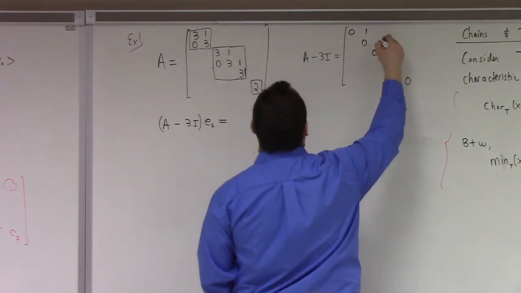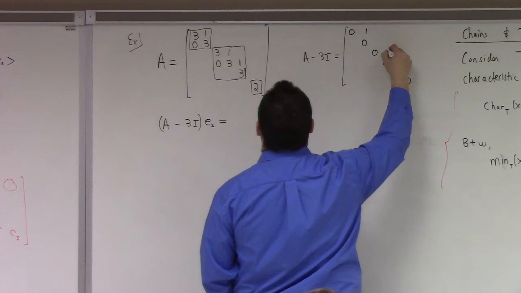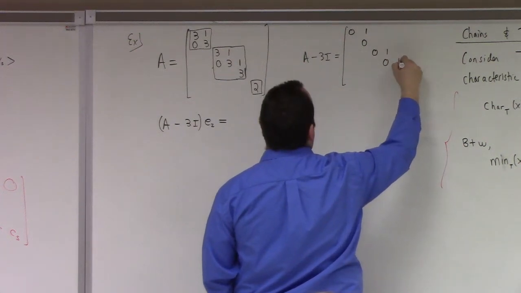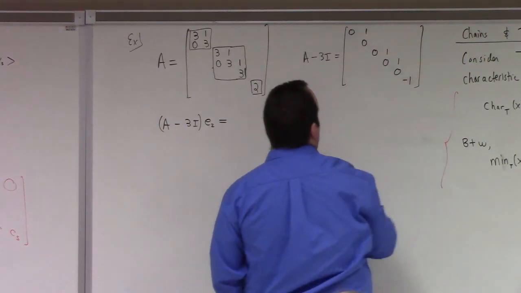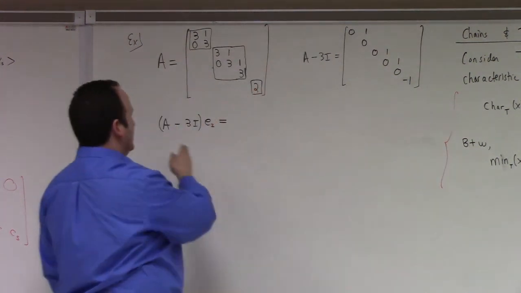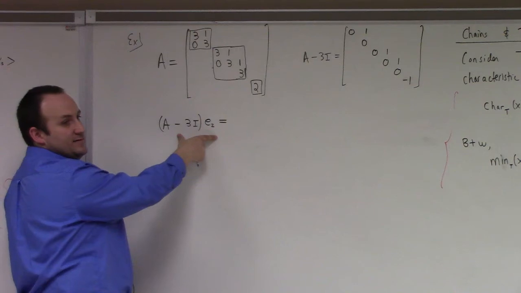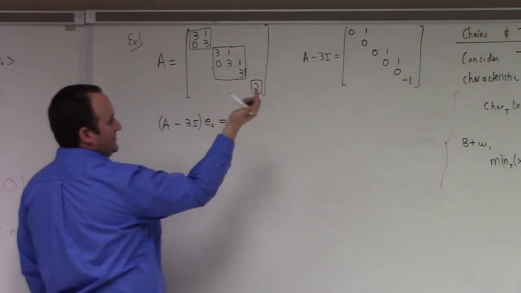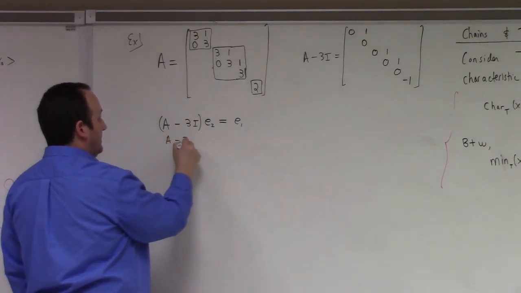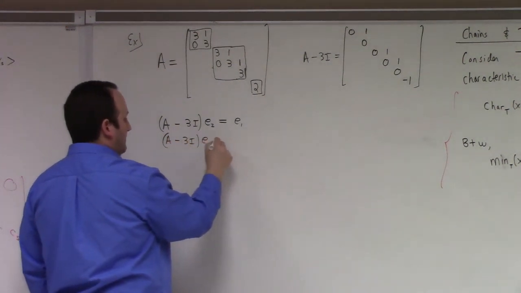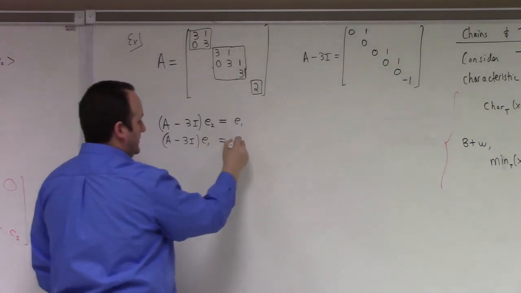So I've got, yes, thank you. All right, so that's A minus 3i. So this is the second column, right? Of A minus 3i, which is exactly E1, right? What's A minus 3i times E1? 0, right?